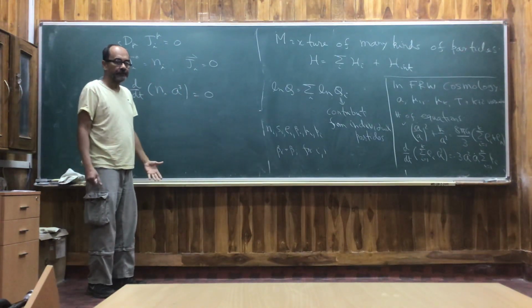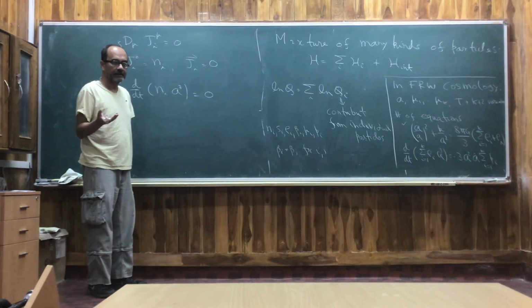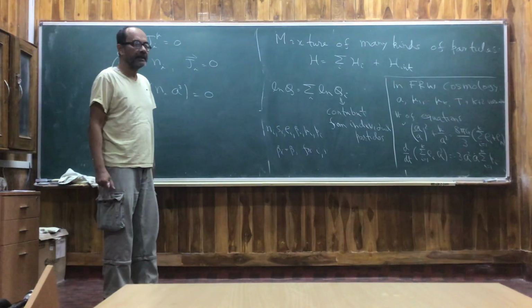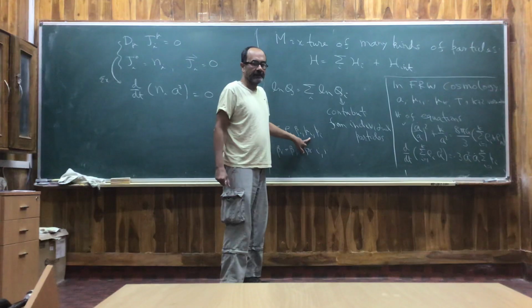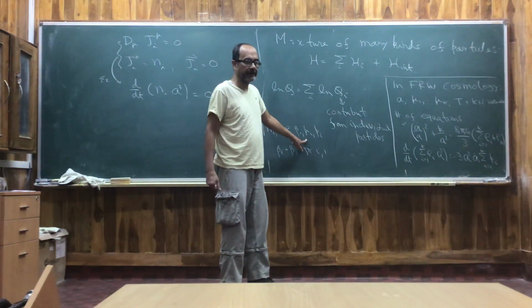The particle current is not flowing in any direction. So each component has a separate conserved current, and only then are the mu_i's independent. If the particle number is not conserved, then the mu_i's will not be independent.